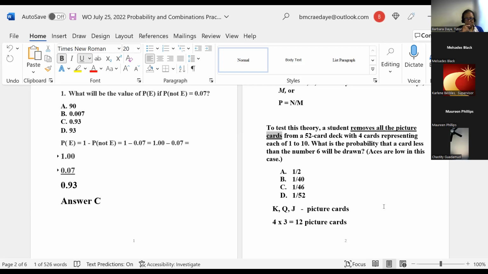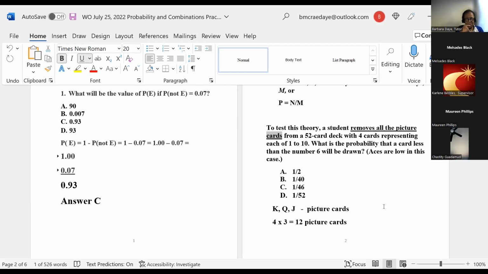Do you know how she got the 12, Mercedes? No, she asked you how you get the 12. I'm trying to figure out how you get the 12.